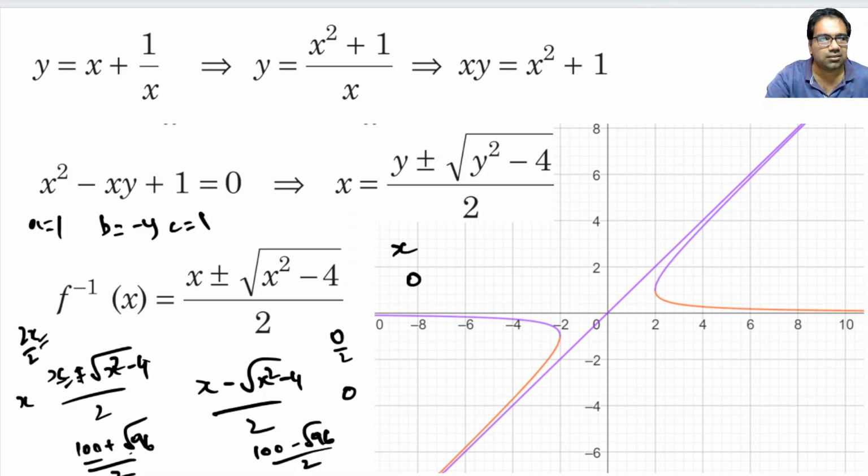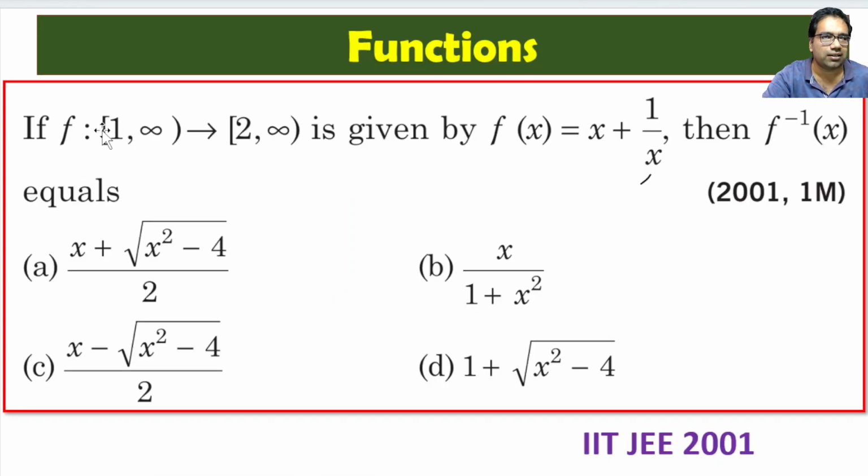When x is large, the f inverse of x is tending to 0 if you take the second case. Whereas in the first case it is tending close to x. So we have to ignore the second one because it is not fitting our 1 to infinity definition. It is going lesser than 1, going to 0.